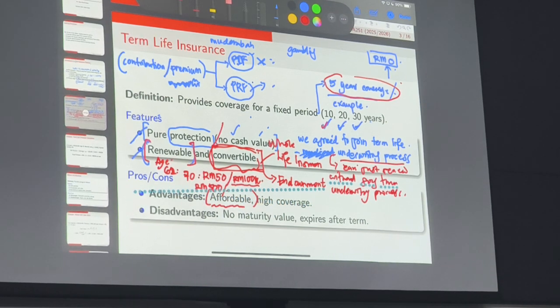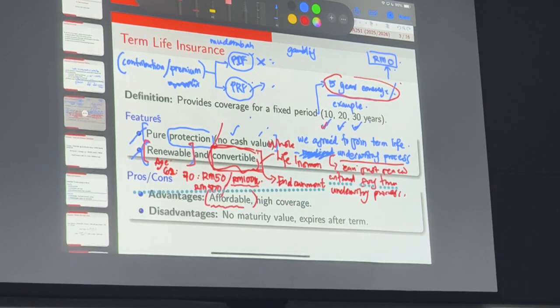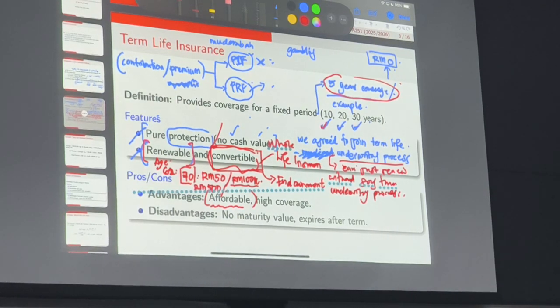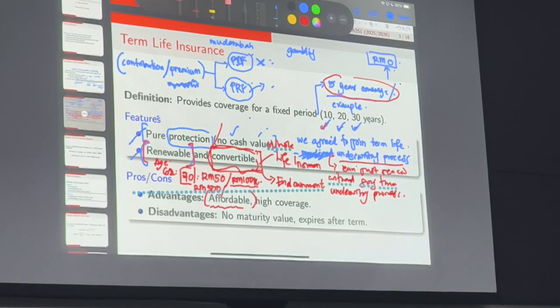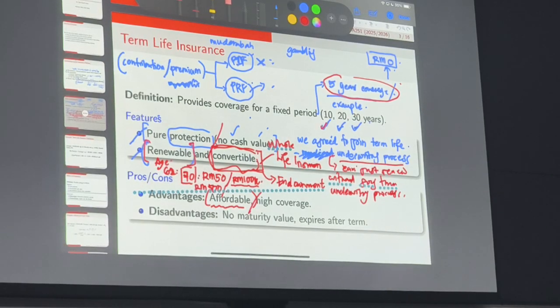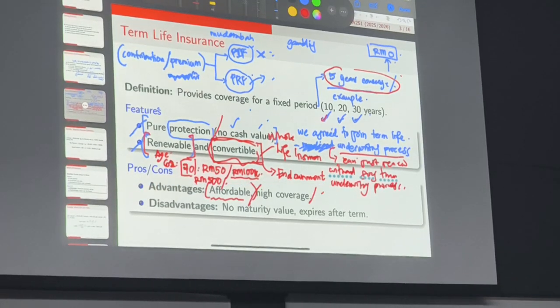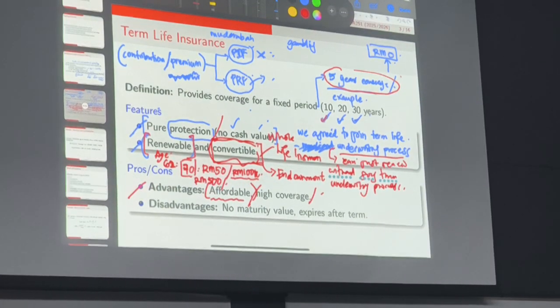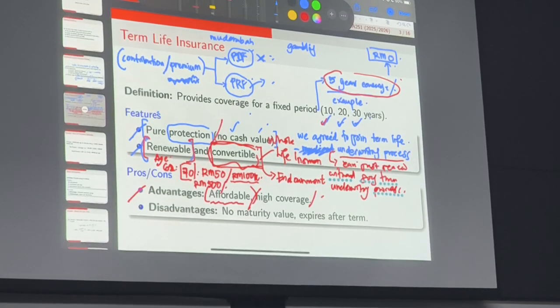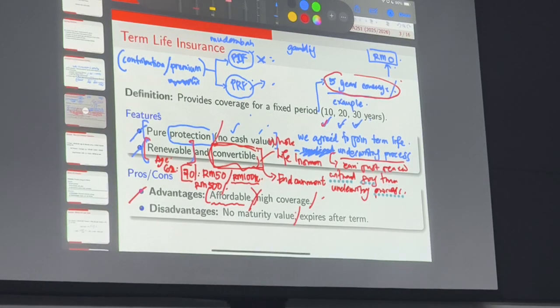After 5 years or in this case after 70 years, if nothing happens, there is no cash value available. And the second one is it is high coverage. Okay, the disadvantages, we have no maturity value, expires after term.